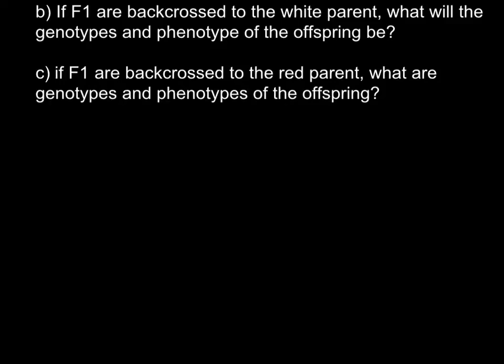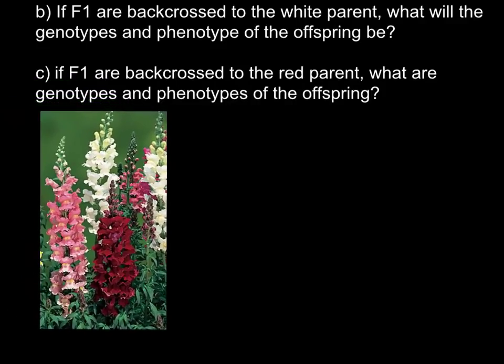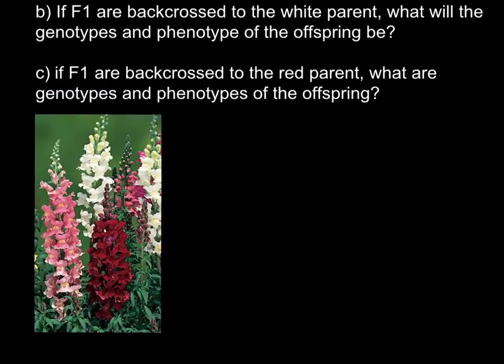So here is our picture again, and the F1 generation, as you remember, were heterozygous, that was capital R and small r. So we have to backcross it to the white parent, that is small r, small r.